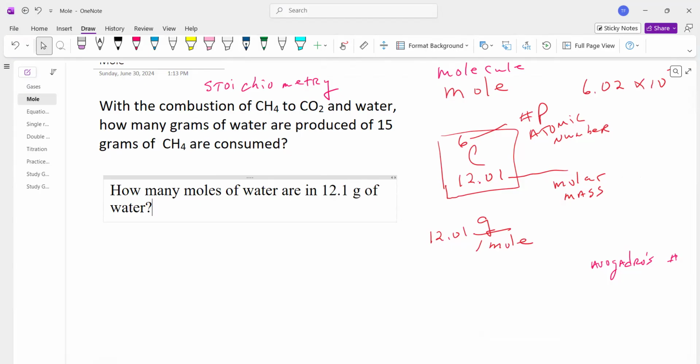Okay, so what's given? Oh, 12.01 grams. Yep. What are we trying to calculate? How many moles? Moles. There, 12.01 grams is 1 mole. And we're talking about, oh, never mind. I jumped again.